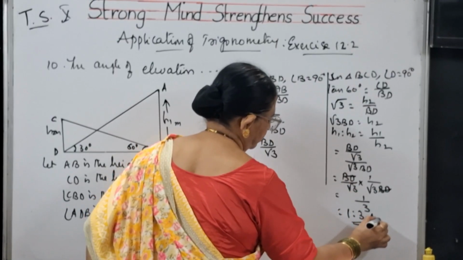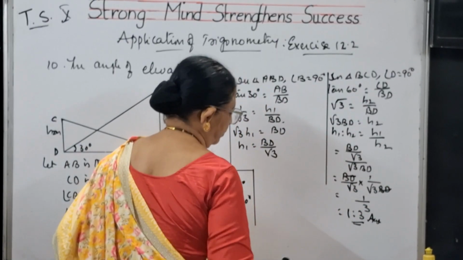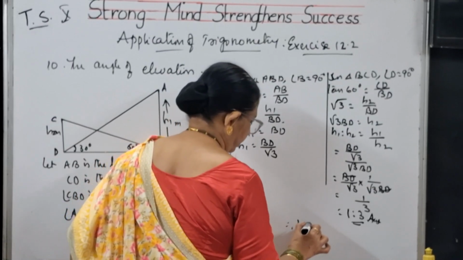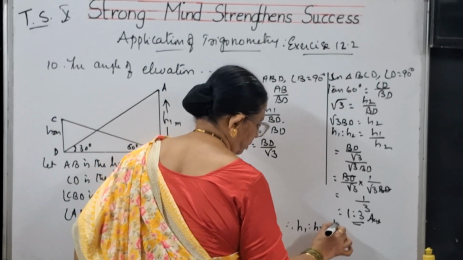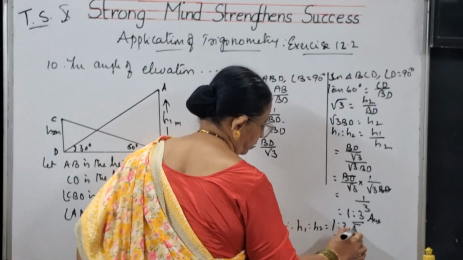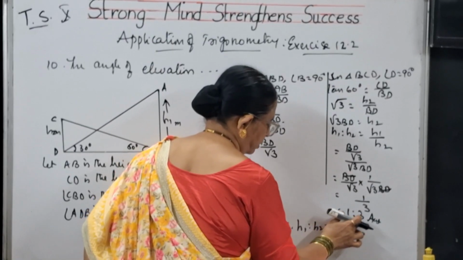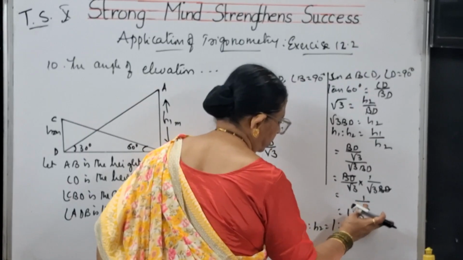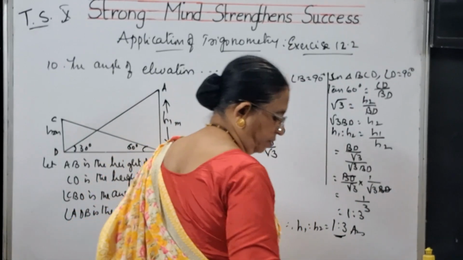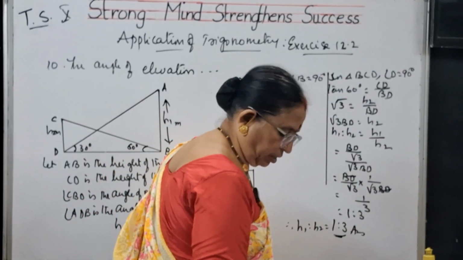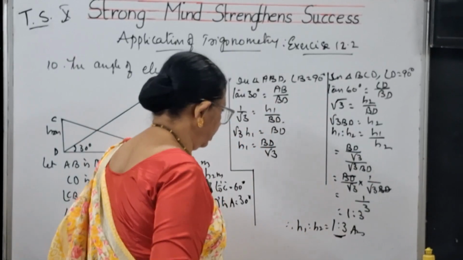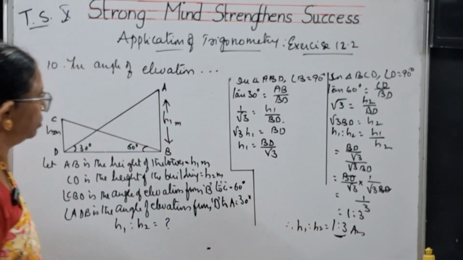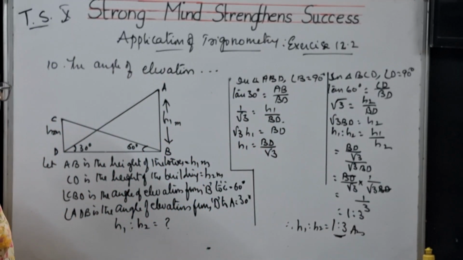This is the ratio H1 is to H2. Therefore, H1 is to H2 is equal to 1 is to 3 is the answer. So the ratio of the heights of the tower and the building is 1 is to 3, children. Please go through this problem. This is 10th problem of 12.2 exercise.